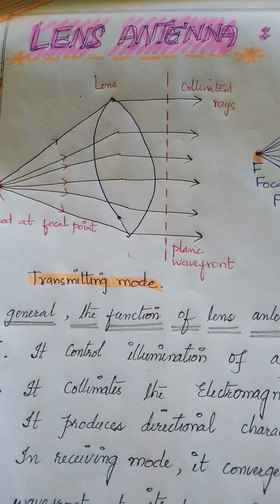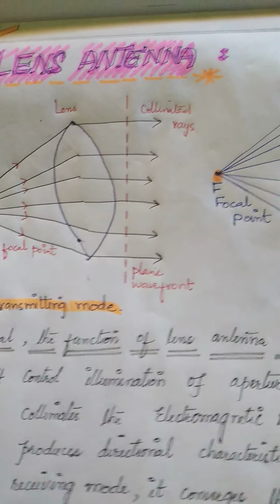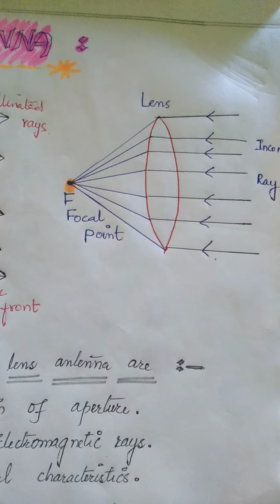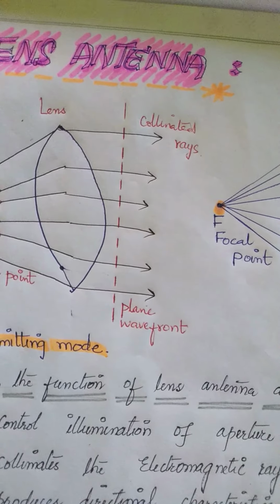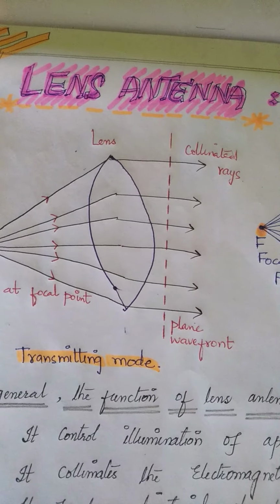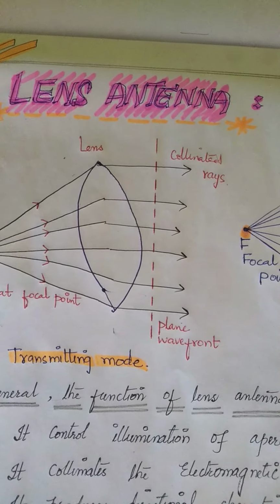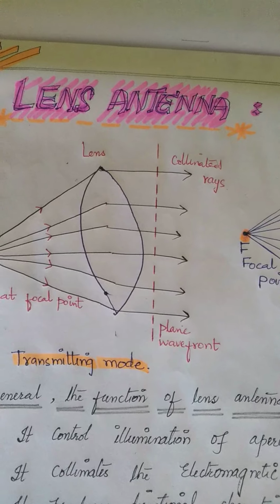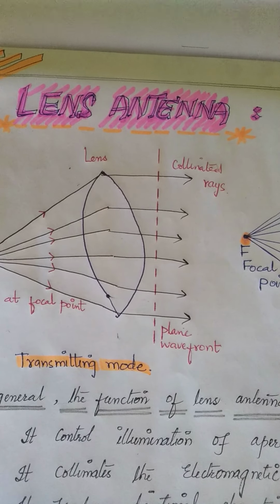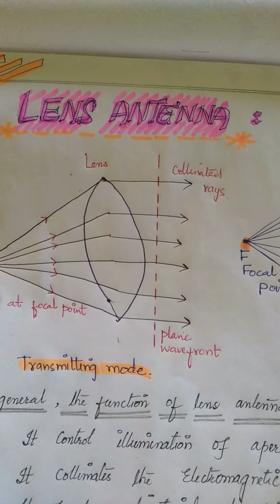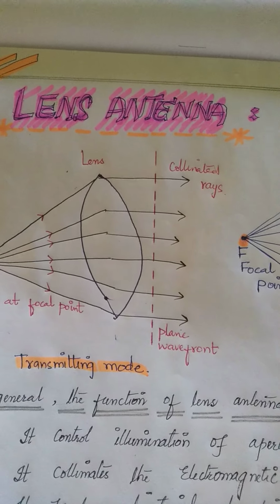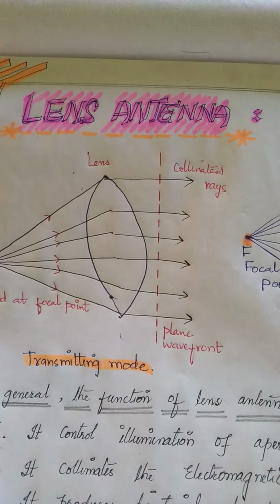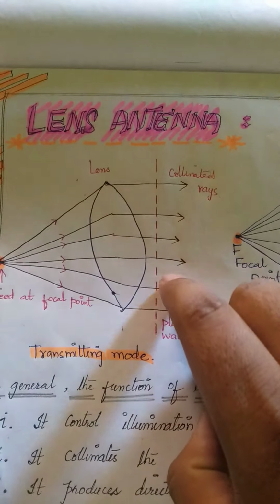We also discussed the lens antenna in transmitting mode and receiving mode. In receiving mode it converges at a point, and the electromagnetic rays are collimated, producing directional characteristics, meaning it gives one complete direction. It produces plane waves from the spherical wavefront.